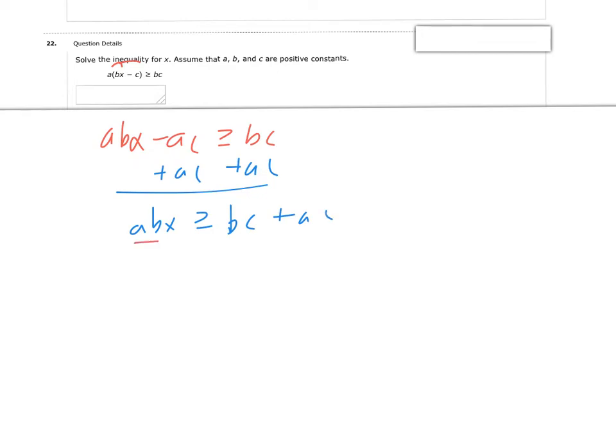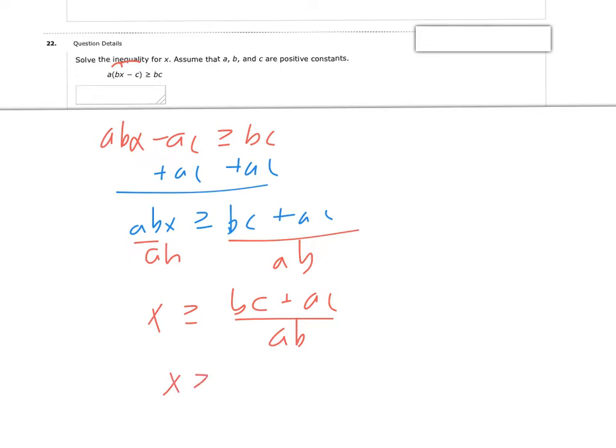I would just divide everything by AB. So I would say x is greater than or equal to BC plus AC over AB. That should work. I see that their answer, they factored a C out front of the top. I don't really like that, but if the first one doesn't work, then you can try that second one. They should both be okay, really.